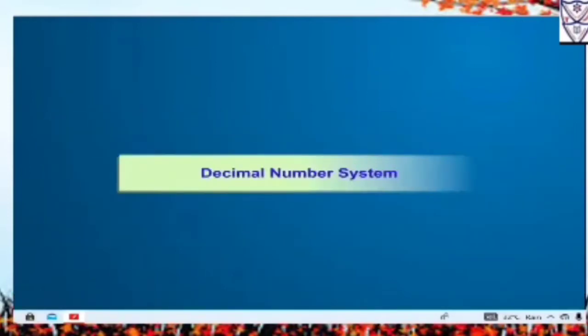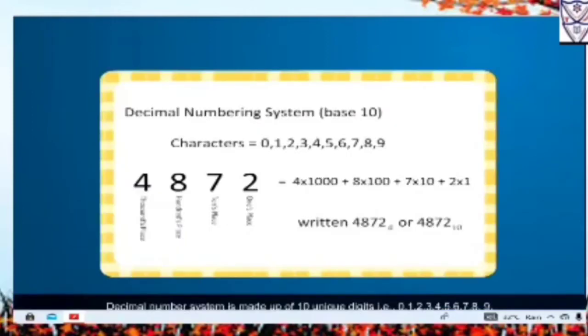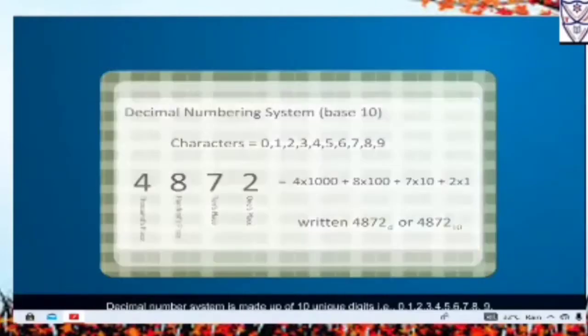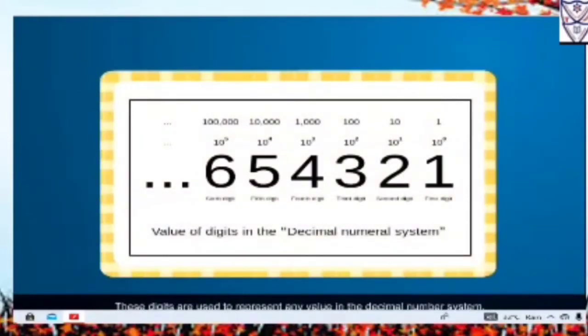Decimal number system. Decimal number system is made up of 10 unique digits, that is 0, 1, 2, 3, 4, 5, 6, 7, 8, 9. These digits are used to represent any value in the decimal number system. So the decimal number system has a base of 10.